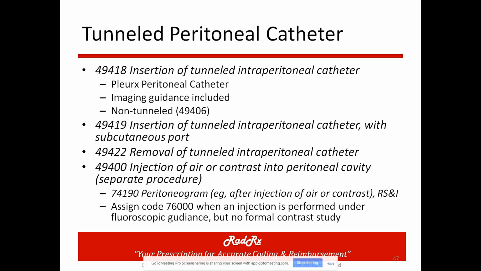If for some reason you have the injection being done and then there's no formal study, then you could have 76000 as the actual code there. But that would be when that is the only thing that's done, and that brings us to that separate procedure designation, which I'm going to talk about in a moment. I think a little bit later I have something in there about that separate procedure. Yeah, I do, about the separate procedure designation.